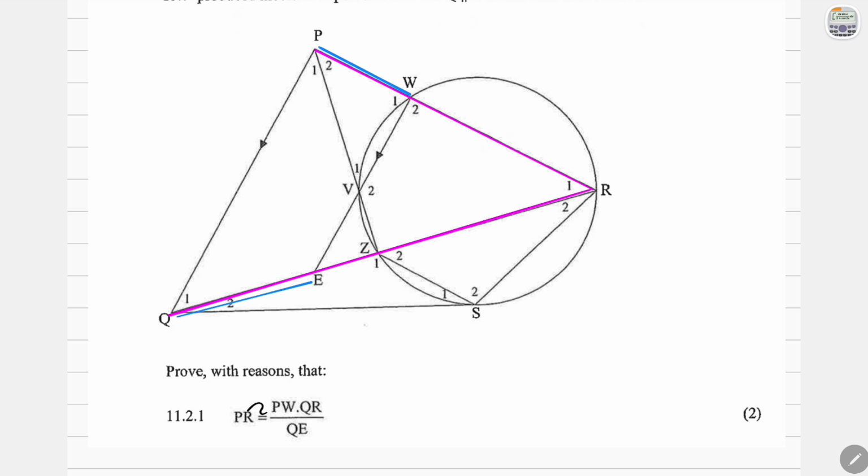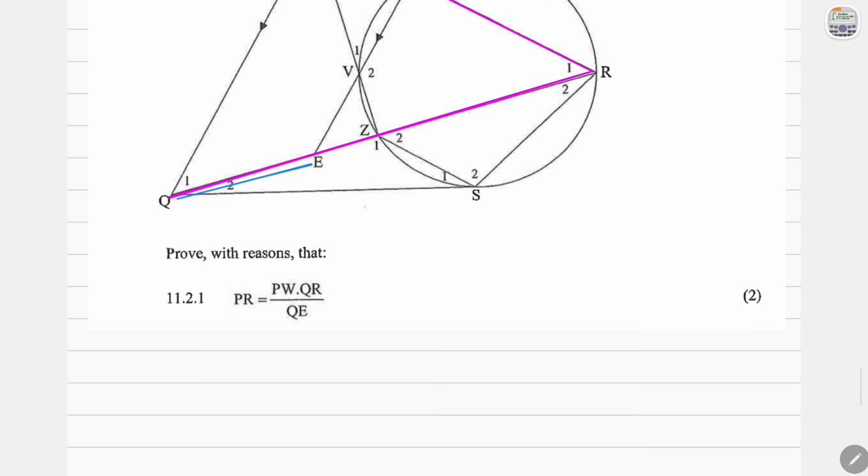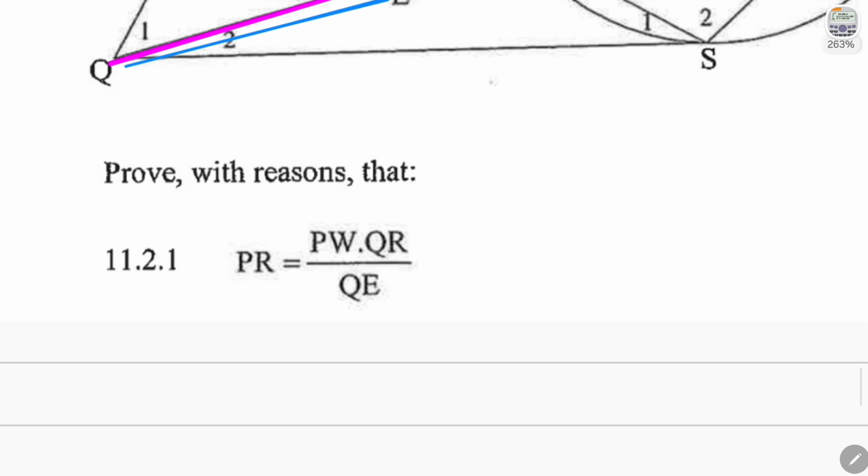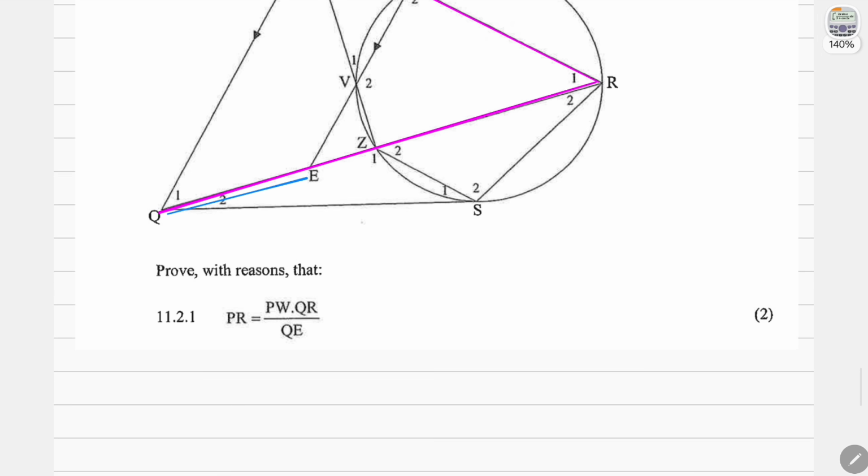So let's go ahead and state that and then just make PR the subject of that equation. I don't want to put PR in the denominator because they had PR here. And if you look at PR as a fraction, it's PR over 1. So I'm not going to put that in the denominator.